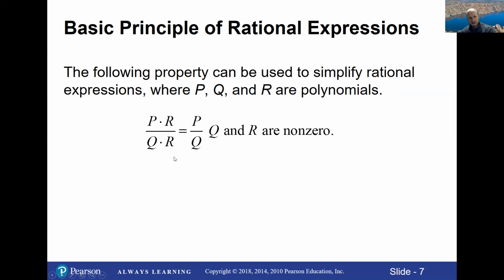Okay, that's kind of what we just did. And so I could cancel out R in this case and be left with P over Q. All right, and the one thing that we also need again is that the denominator cannot be 0. So Q or R cannot be 0 because if I multiply anything times 0, that's going to give us 0 in the denominator, and that doesn't work here.